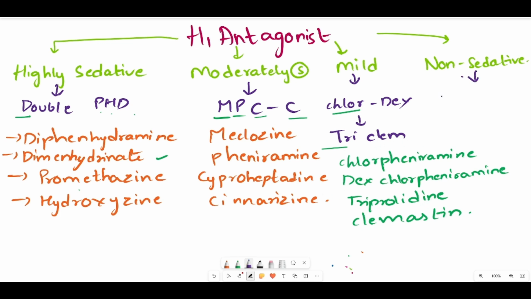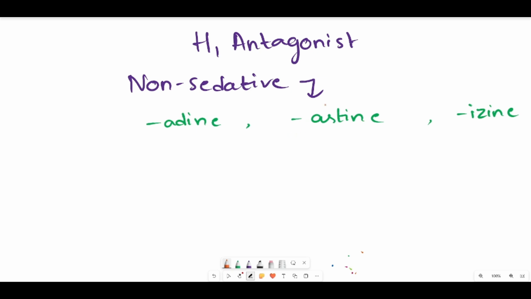In the last class, just remember the suffixes. Any drugs ending with the suffix -adine, -astine, and -izine will come under the non-sedative class of the H1 antagonists. Now let's write the drugs, and remember these come under the second generation.